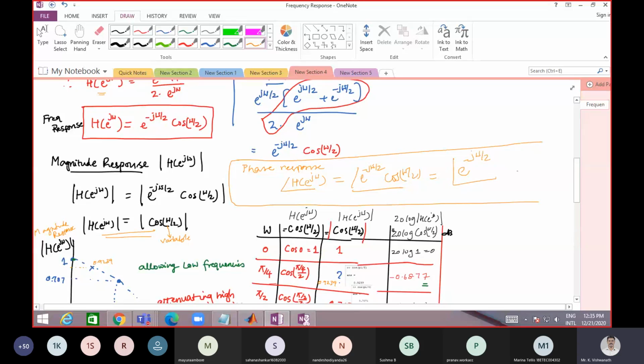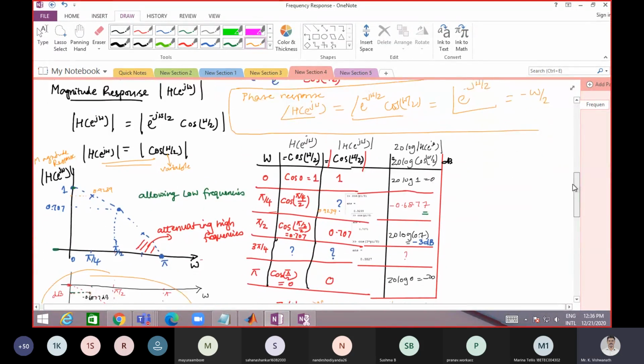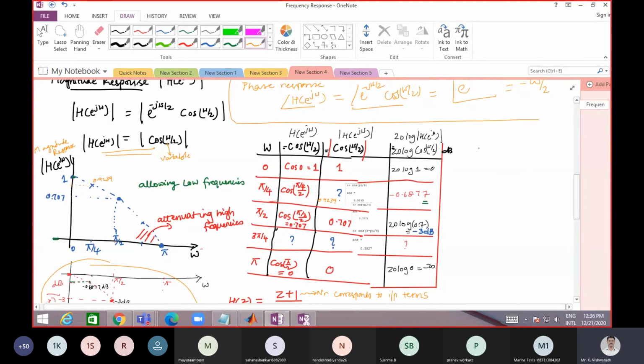See, for e power j theta, the angle is theta. So here the angle of e power minus j omega by 2 is minus omega by 2. At whatever frequency you are trying to analyze, the phase response is the negative of half the frequency at that point. That's all.